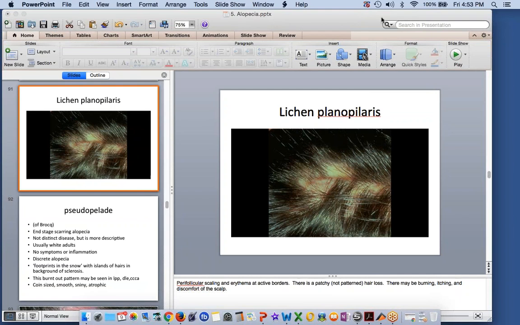Okay, we're going to talk about pseudopelade, but before I do that, this is kind of a typical picture of a burnt out lichen planus for the most part.